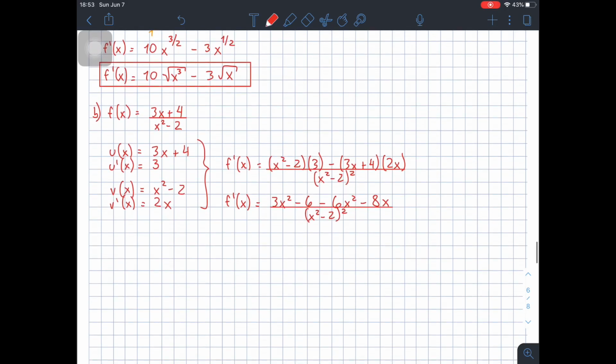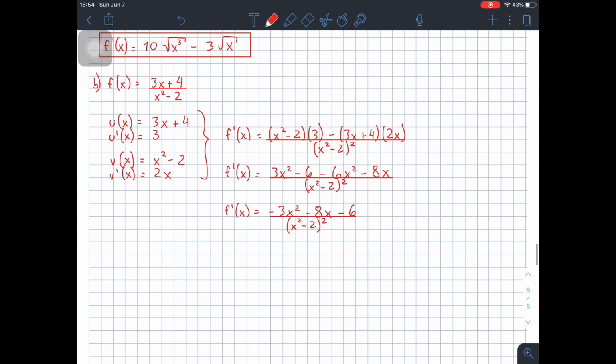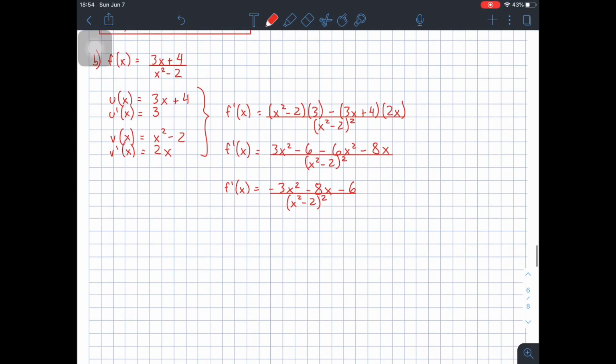Then we can simplify like terms, and we would get as a final result negative 3x squared minus 8x minus 6, divided by (x squared minus 2) squared. There's nothing else we could do here. We cannot apply any factoring case, so this would be the final result.